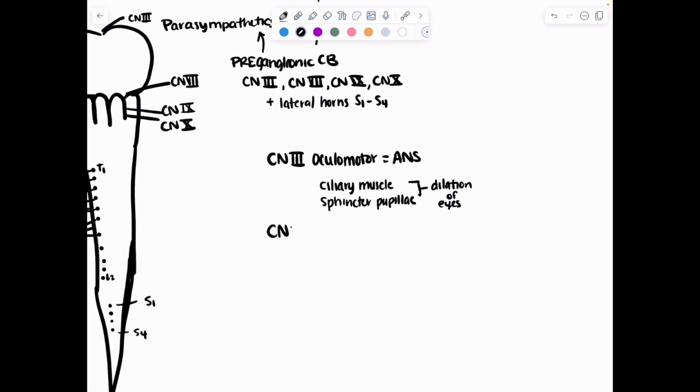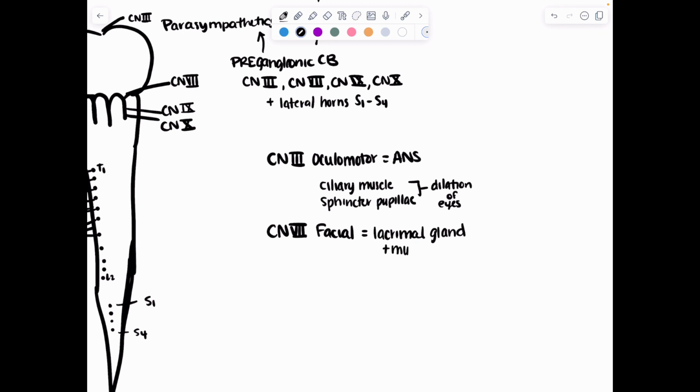Cranial nerve 7, which is our facial nerve, just so that you remember that, is going to be involved with our lacrimal gland. The lacrimal gland is our tear ducts. Those are near the lacrimal bone of our eye, as well as the serous mucus glands in our nose.